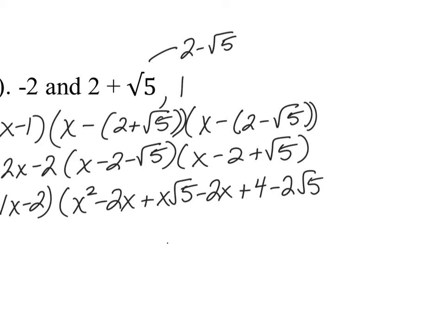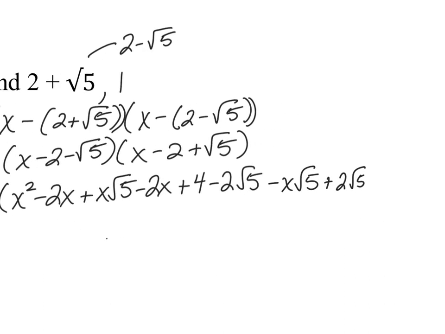Then I'm going to multiply the square root of 5 through, so minus x square root of 5 plus 2 square root of 5, then minus the square root of 5 times the square root of 5 is square root of 25, which is just 5.